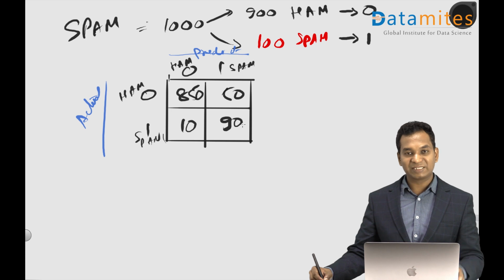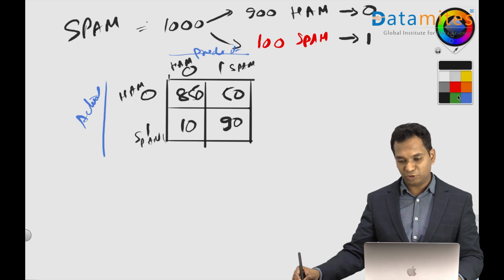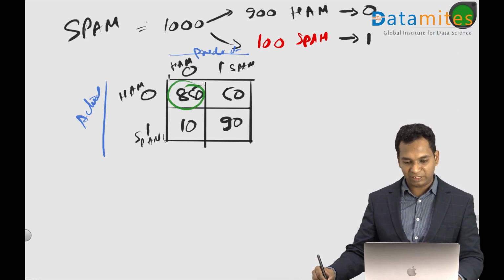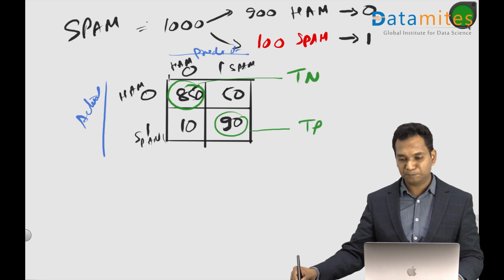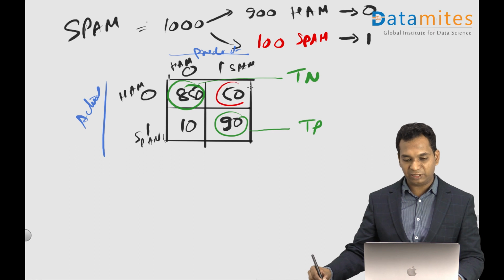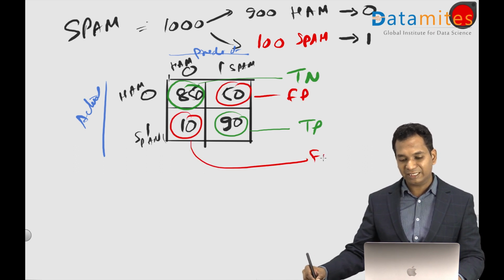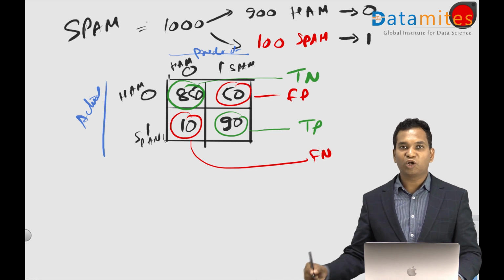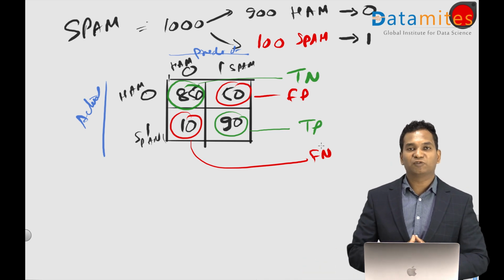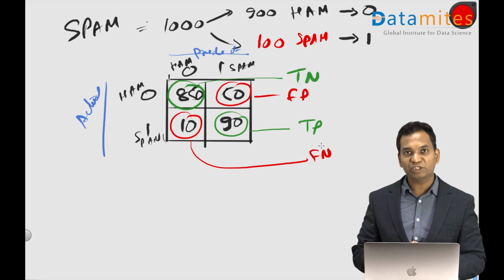This is your predictions, and this 850 is true negative, this 90 is true positive, your 50 is false positive, and 10 is your false negative. Now you tell me which is more important for me. Is it precision or recall?